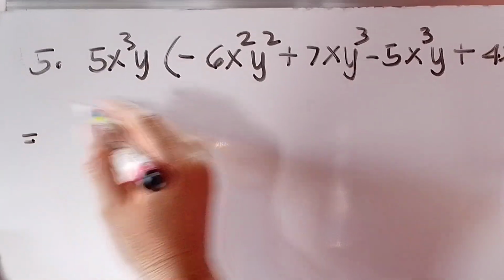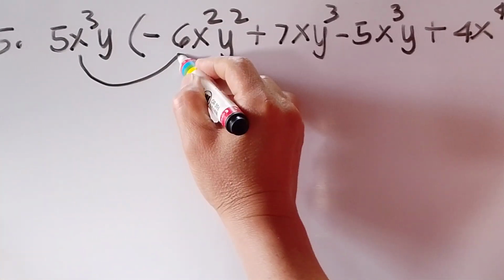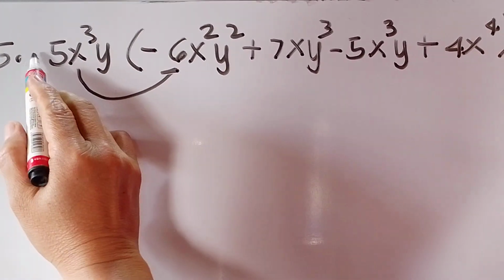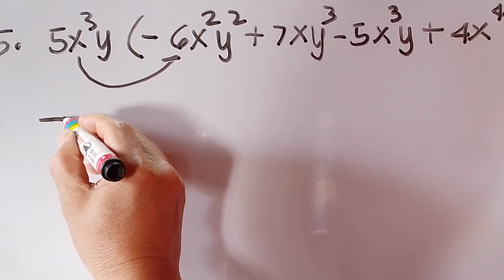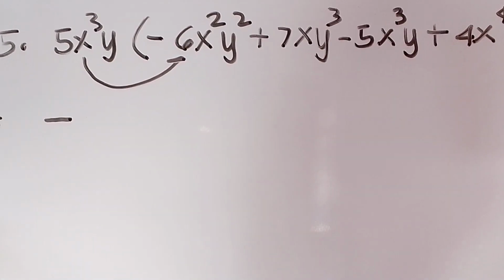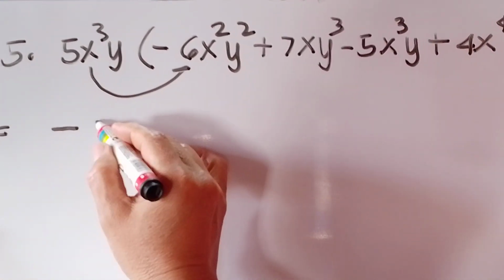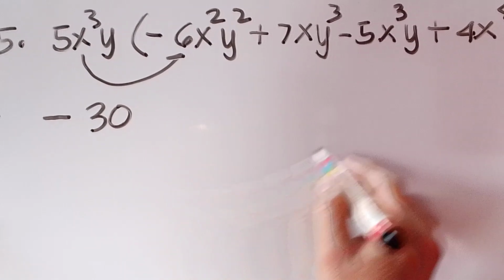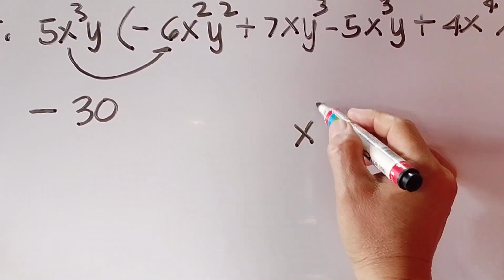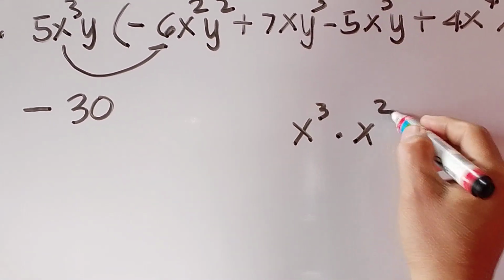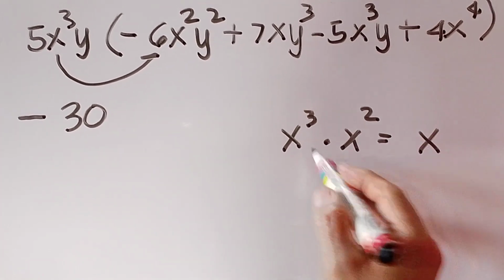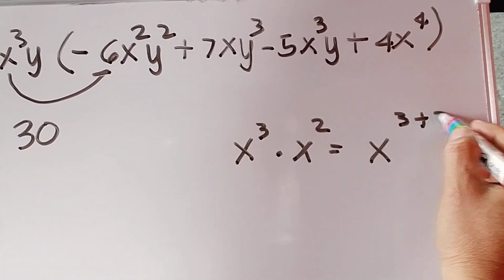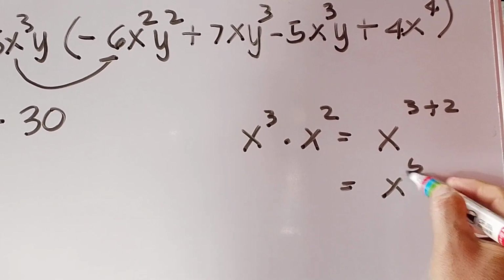Okay, so multiply this one. Since positive times negative is equal to negative, we have to write negative in here. So 5 times 6 is 30. Then in terms of x, x cubed times x squared. So copy the base and then add the exponents, 3 plus 2. So you have now x to the power of 5.